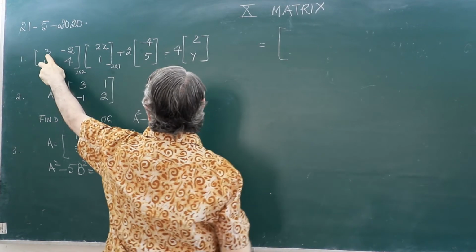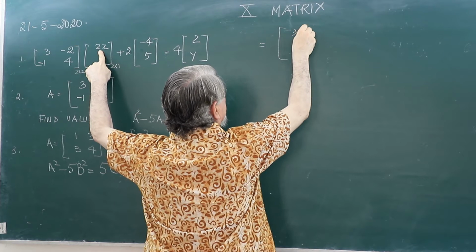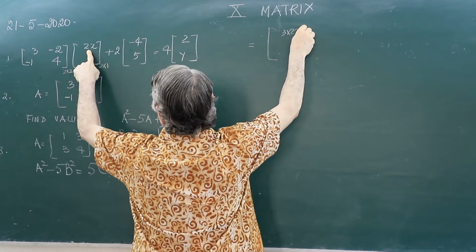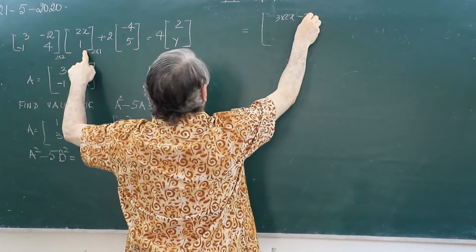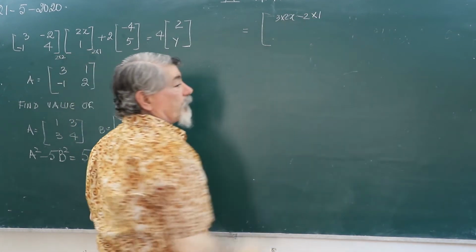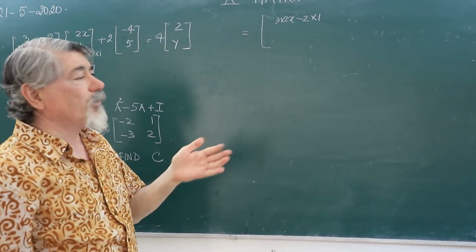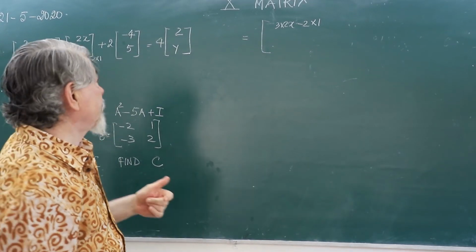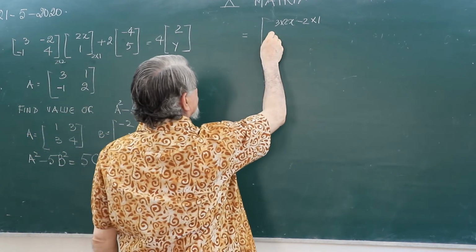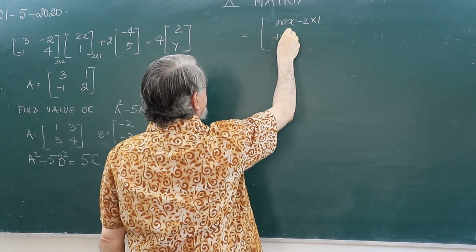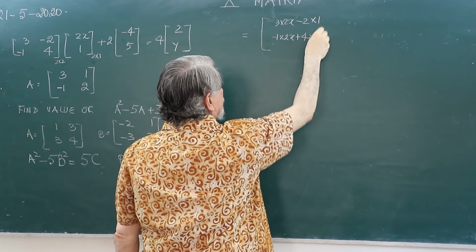In question number 1, 3 into 2x, and instead of plus it is minus, so minus 2 into 1. First row into first column. Since there is no second column, we can't multiply further, we'll leave it as it is. Then second row into first column: minus 1 into 2x, plus 4 into 1.